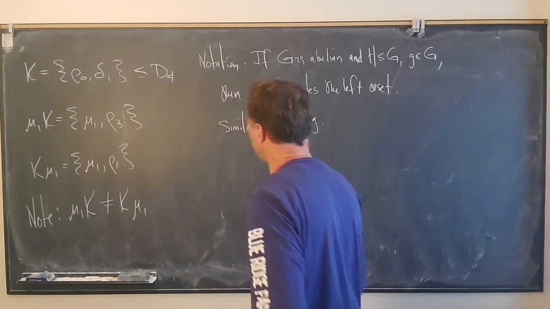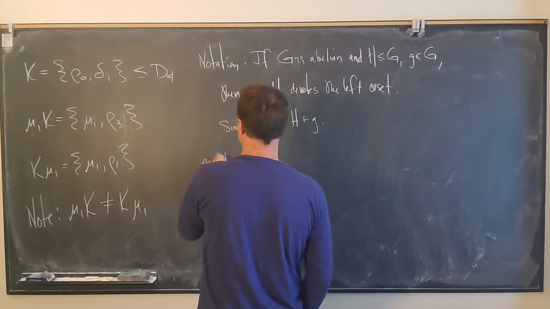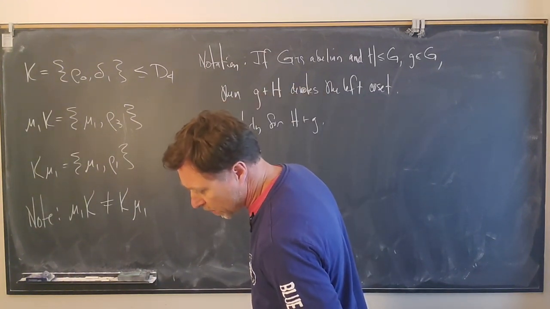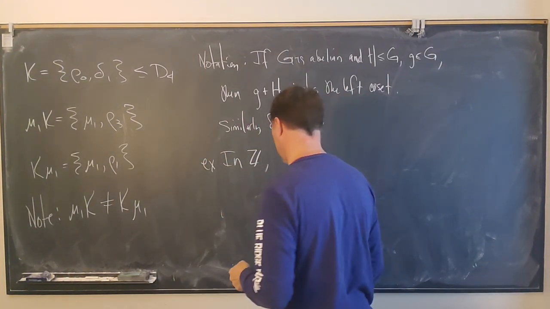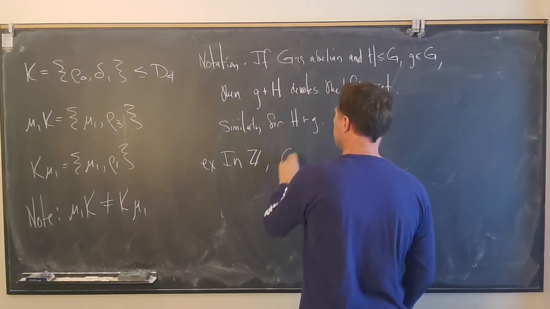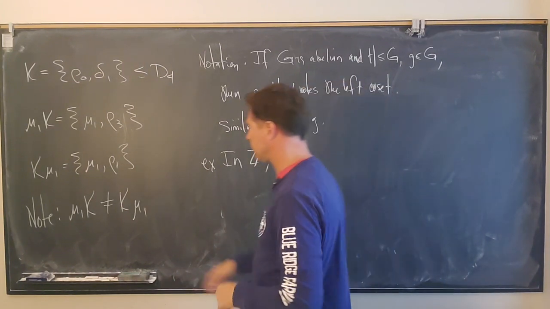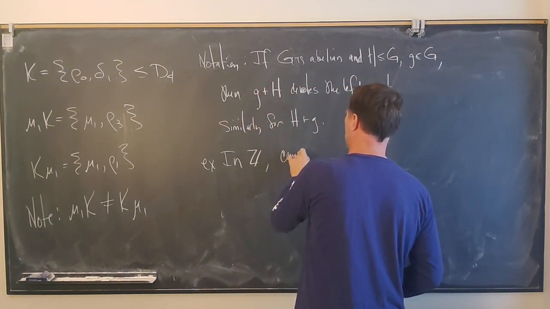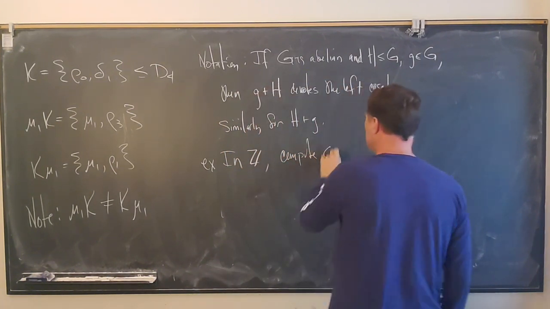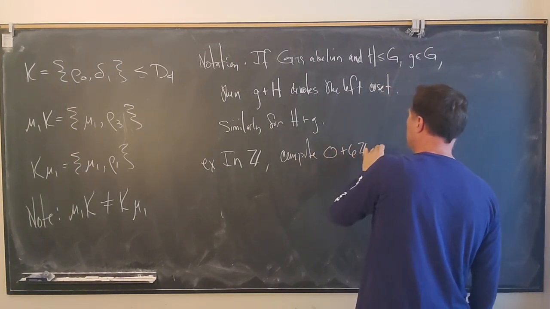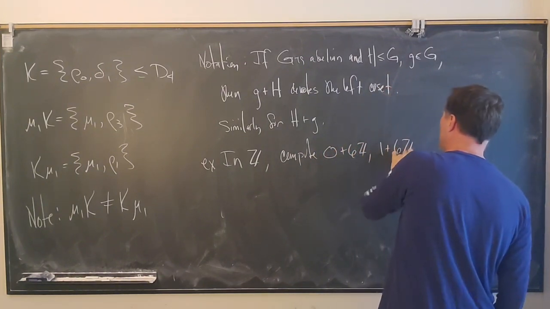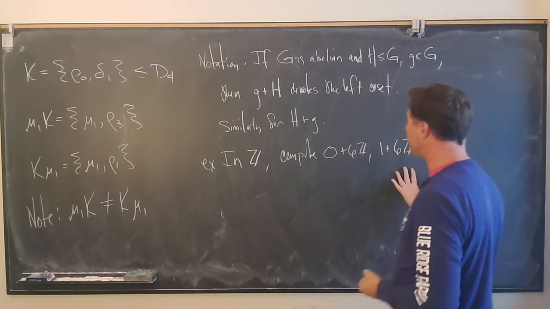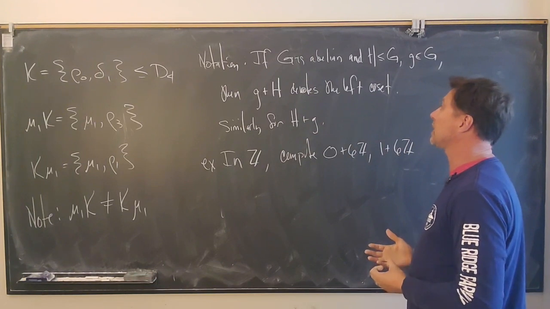So for example, let's say in Z, I want to take the subgroup 6Z and compute 0 plus 6Z, 1 plus 6Z. Note we've got an abelian group. The operation here is addition, so I'm writing it using additive notation, but it means exactly the same thing.